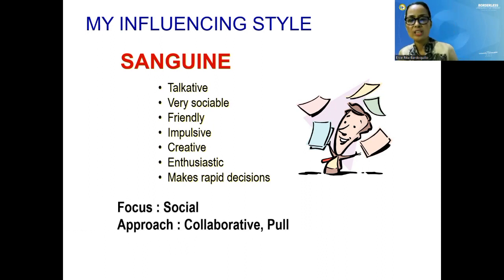And then yung focus niya kasi is more on social aspect, relationship. So if he is the leader, he tends to be more collaborative and encourages people to join, be part of the group kasi collaborative. So normally, people with sanguine personality, tendency nila, they're not happy if they are not with people.